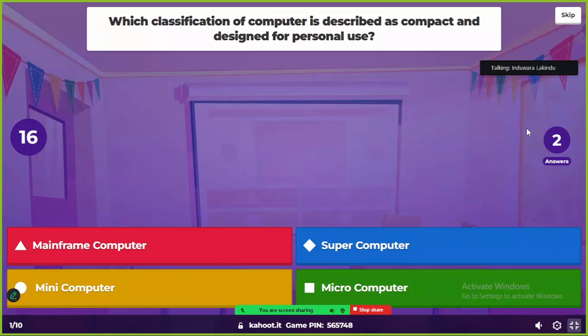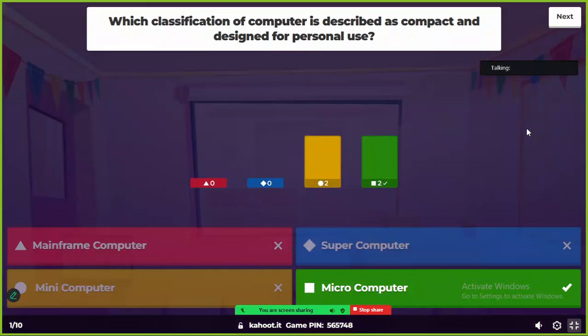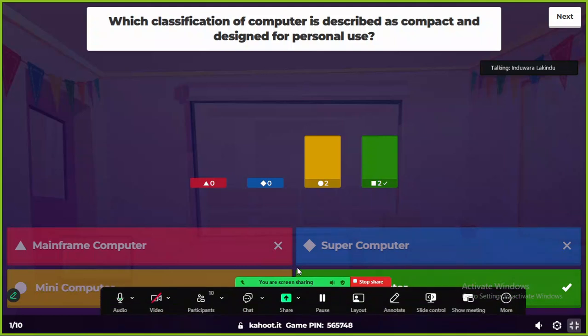Microcomputers, not minicomputers. Minicomputers are mini servers, used by some companies to distribute data with everyone, not for your personal use. Microcomputers are the personal use machines.